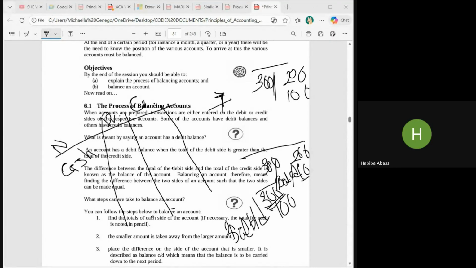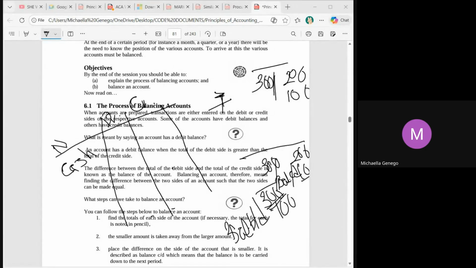Madam, please, you were saying something about the statement, but I didn't get all of it. You said that in trial balance, whatever you get at the debit side should be equal to your credit side.